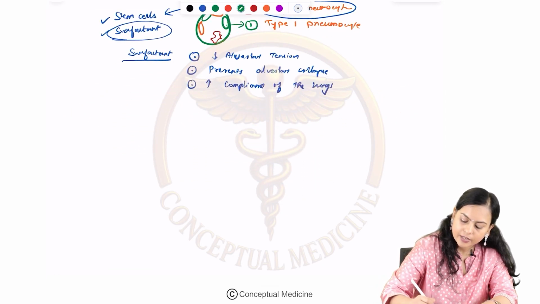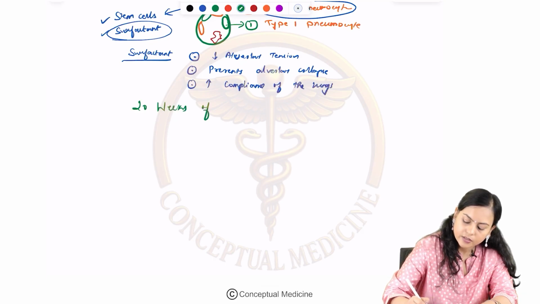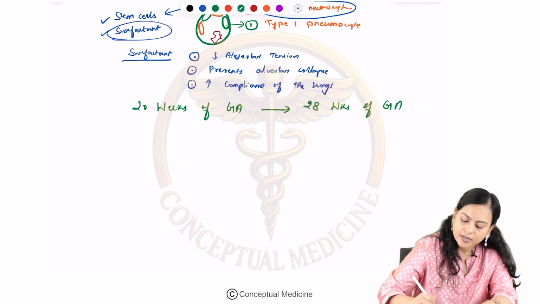Basically, surfactant production starts around 20 weeks of gestational age, and it is seen in the amniotic fluid around 28 weeks of gestational age. In the amniotic fluid they can be seen.